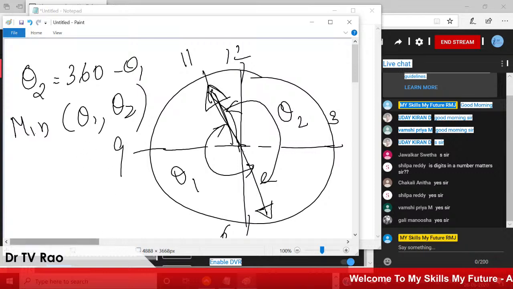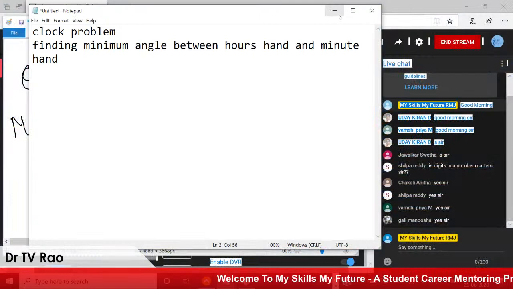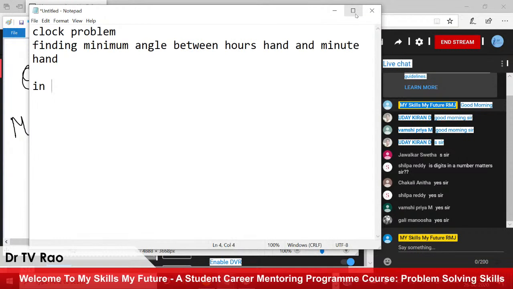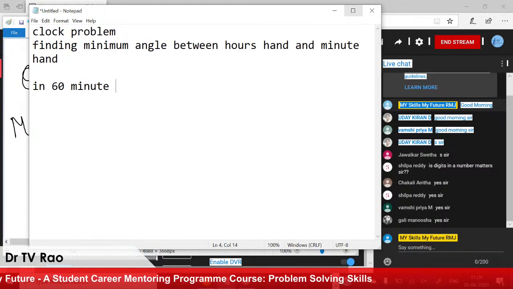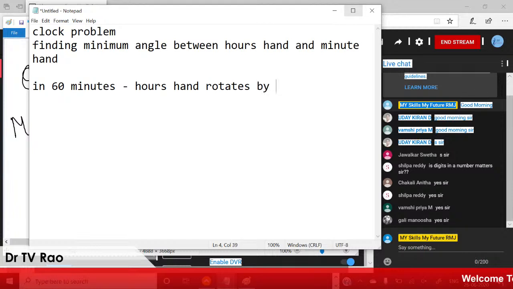It is an aptitude problem basically. Now, in 60 minutes, the hour's hand rotates by how many degrees?